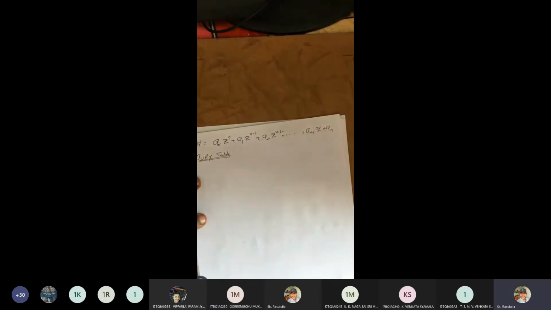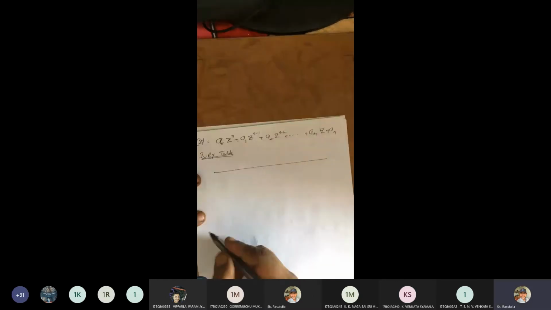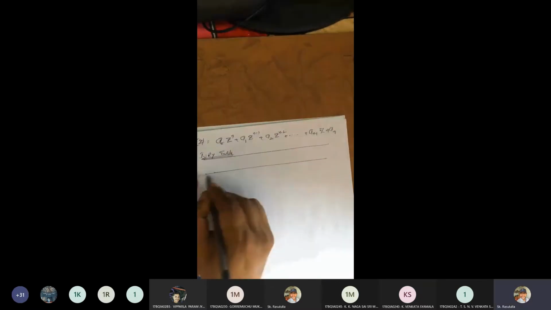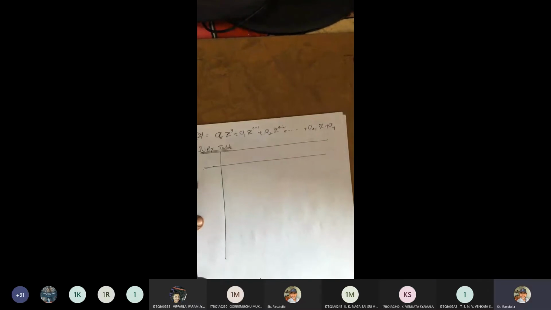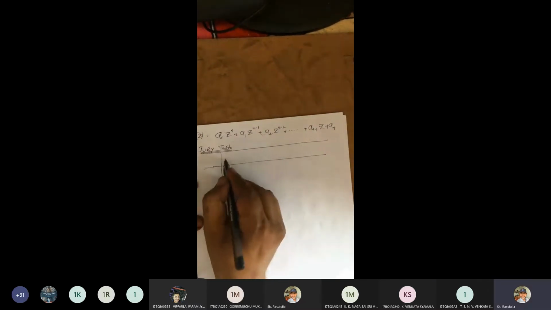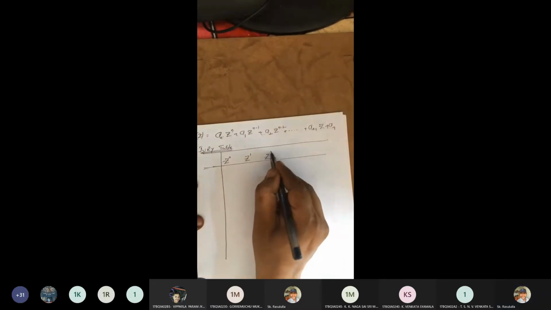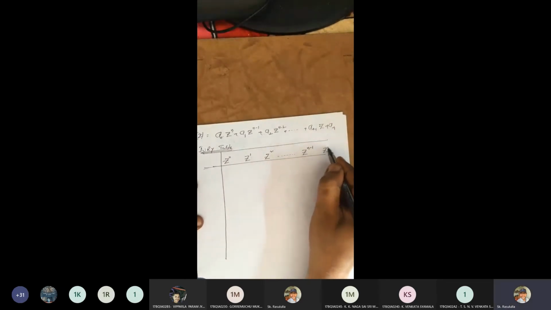It is like the Routh table, but in a different way. I will form a table here with columns z to the power of 0, z to the power of 1, z square and so on, up to z to the power of n minus 1 and z to the power of n.